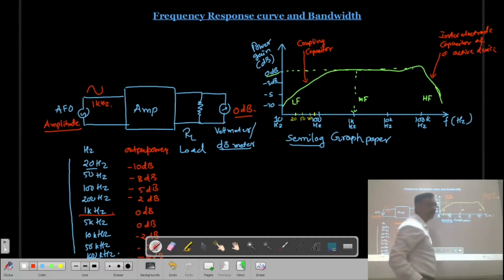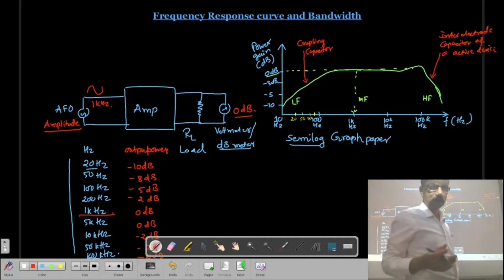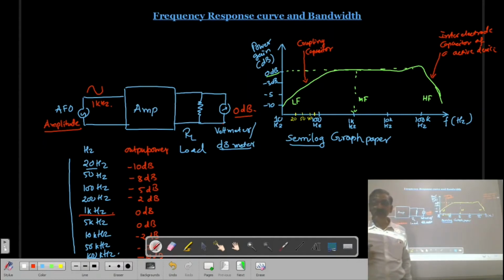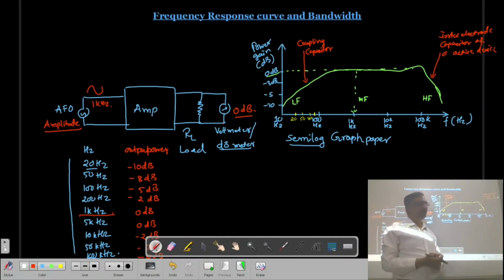I already mentioned that if we have a transistor, it has a base, emitter and collector. Whatever capacitance exists between the base and emitter, base and collector, or between the collector and emitter, is known as inter-electrode capacitance.